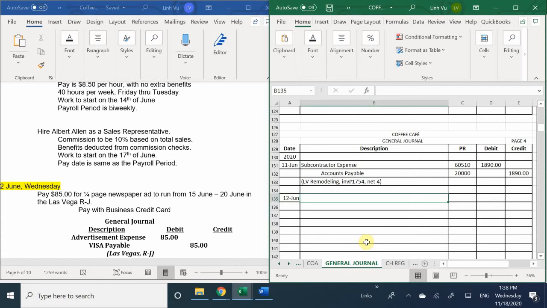So we're putting it in the newspaper, and it's going to cost us $85 to run the ad for a couple of days. So we have advertising expense. And what account number is that? That is 60,123.